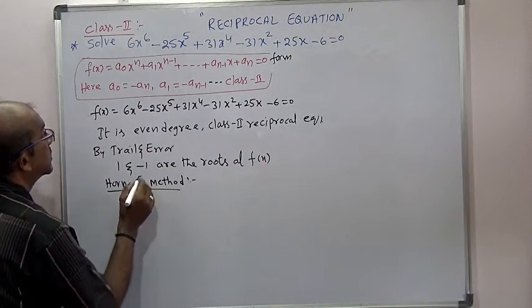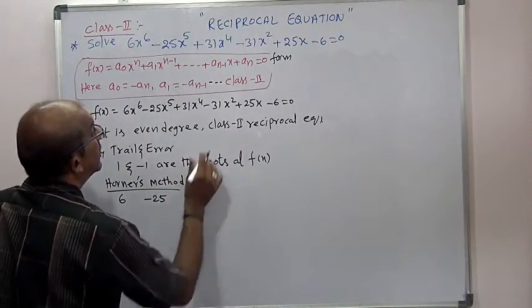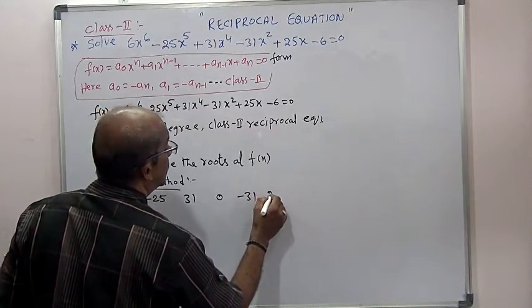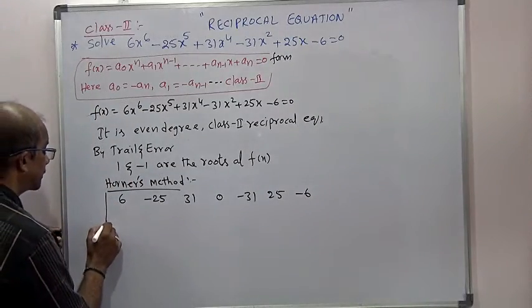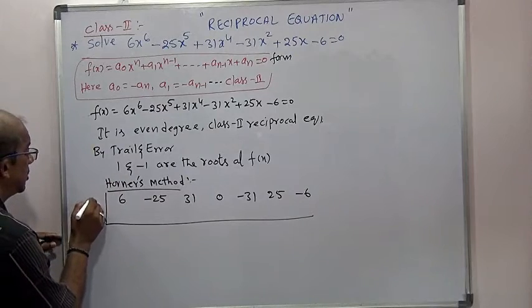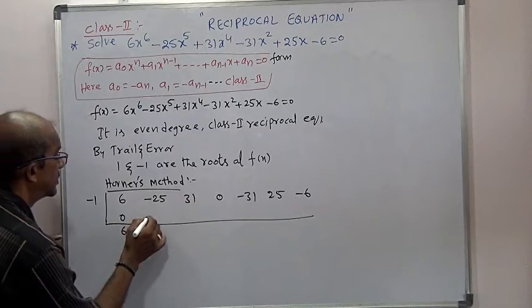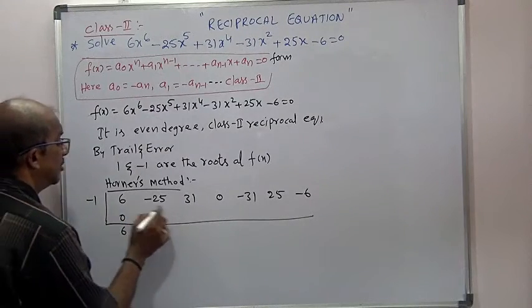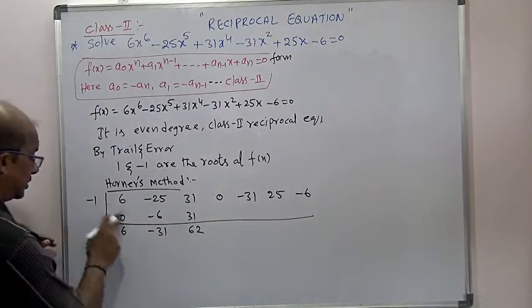Now 6, minus 25, 31, 0, minus 31, 25, minus 6. So first with minus 1: 0, 6, minus 1 into 6 is minus 6, minus 31, plus 31 so 62.